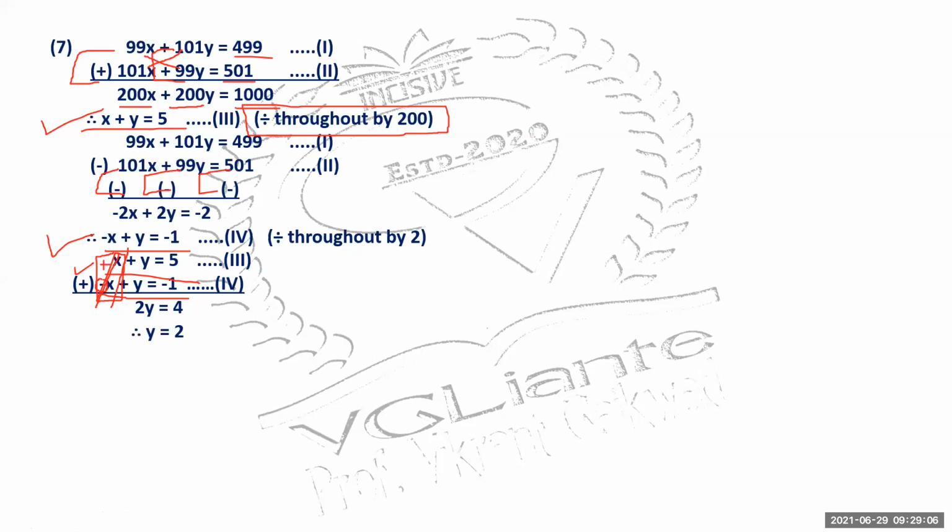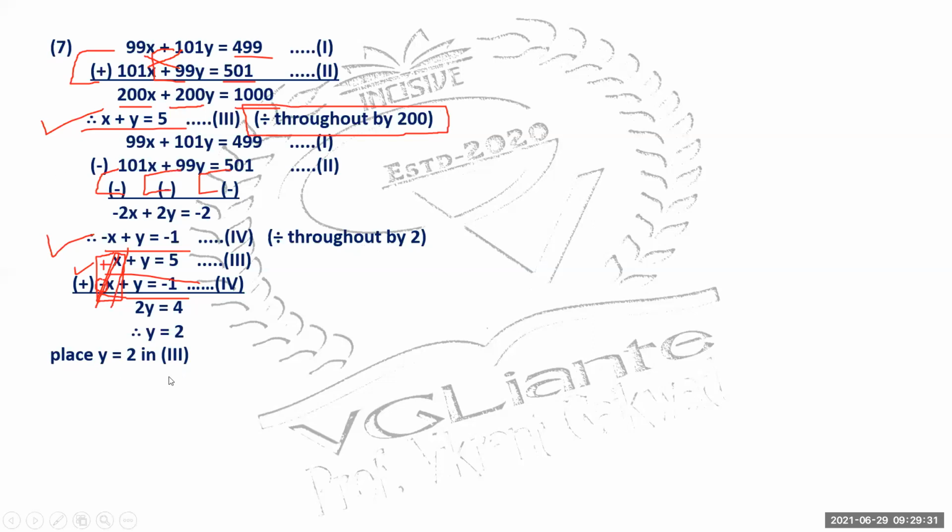With respect to this, what is the value of y? The value of y equals 4 upon 2, which is equal to 2. This value of 2, you can substitute in any of the equations, say 1, 2, 3 or 4. We substitute that in equation 3, because 3 is the simplified form.